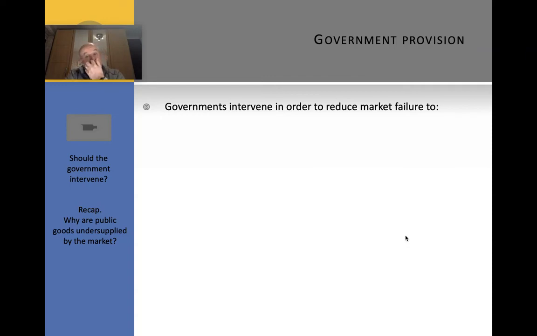However, that might mean that certain goods that we think would be a good idea to provide may not be provided in quite the right way, and in some instances the short-term view of profit maximizing businesses and organizations might not necessarily choose to provide all of the services that we might like in an advanced society like the one that we live in.